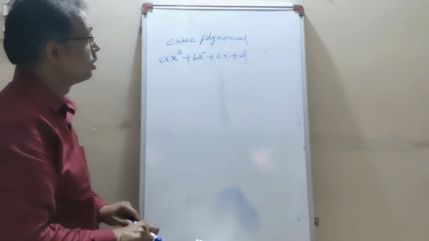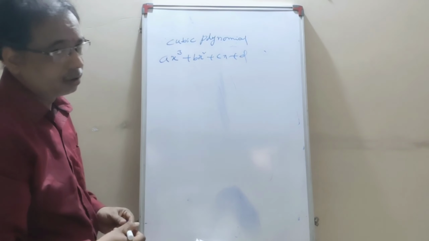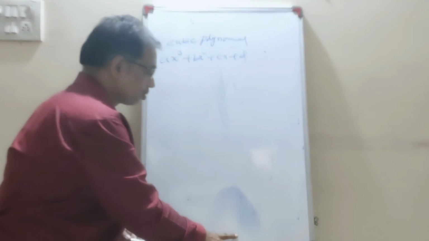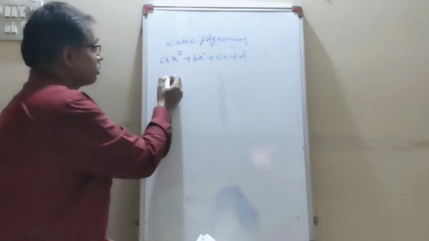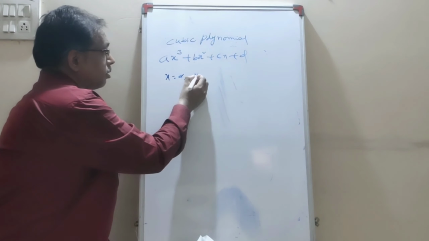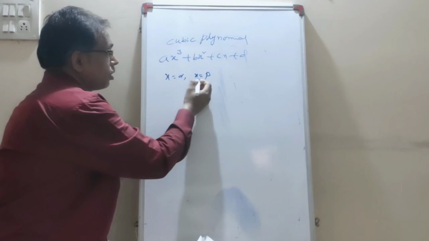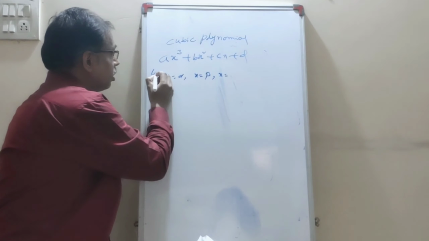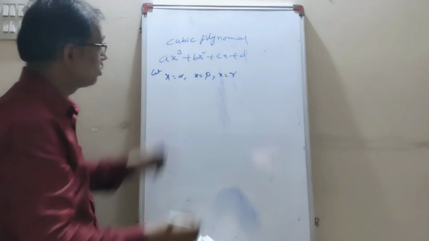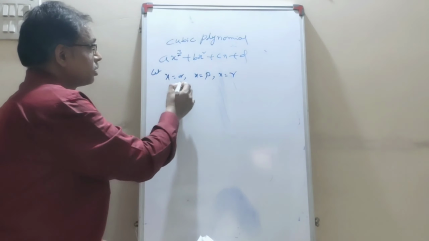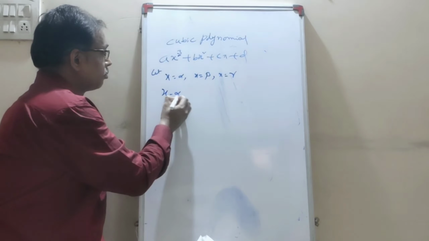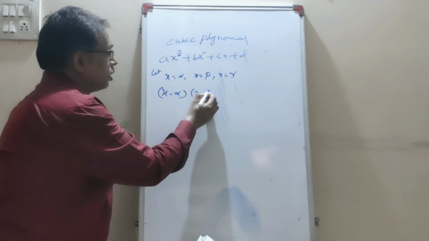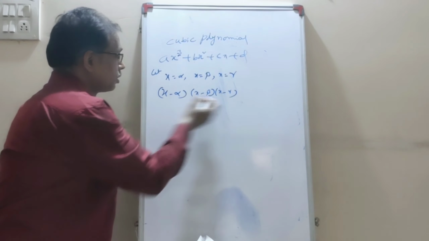Here let us suppose alpha, beta, gamma are the zeros of this particular polynomial. Then the zeros are x is equal to alpha, x is equal to beta, and x is equal to gamma. Why? Because here the degree is 3, so it must contain 3 zeros. So here we can write x minus alpha into x minus beta into x minus gamma.